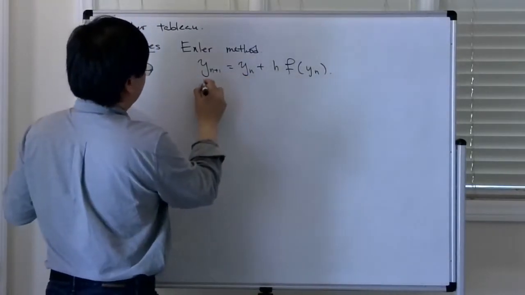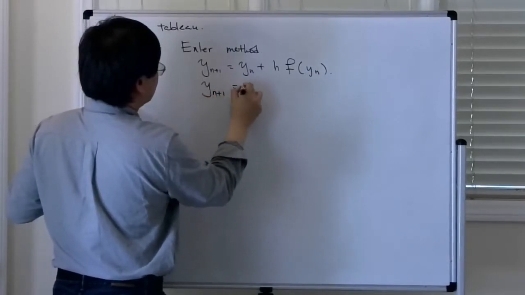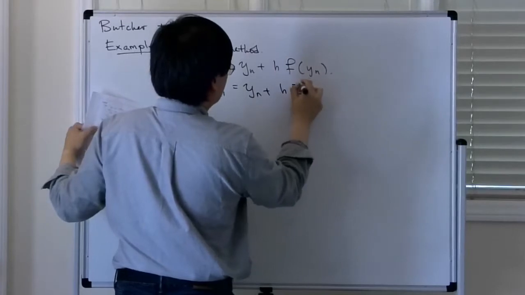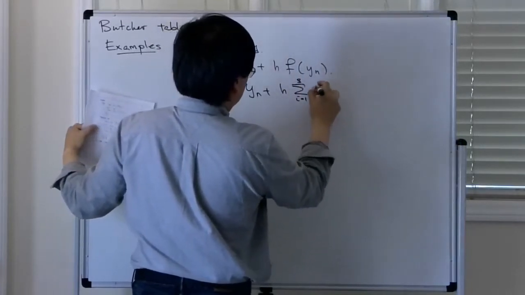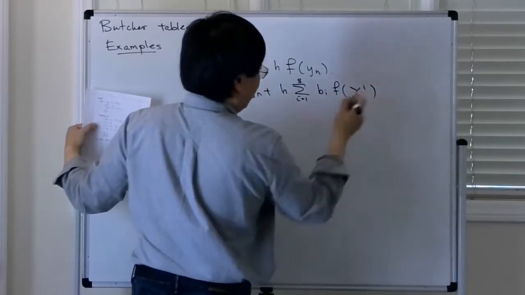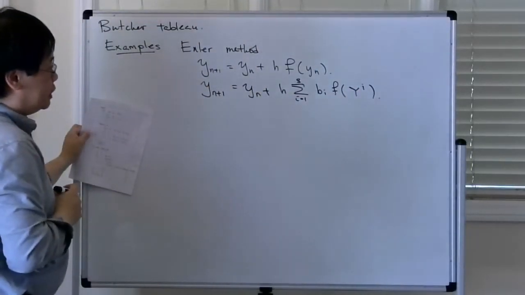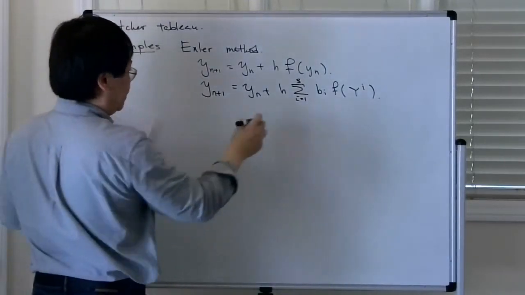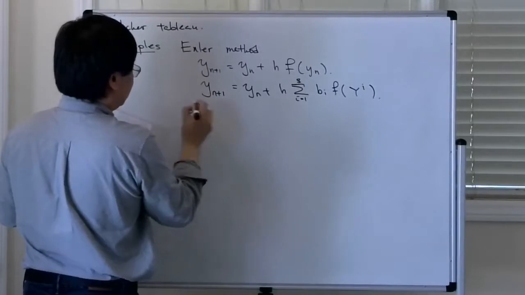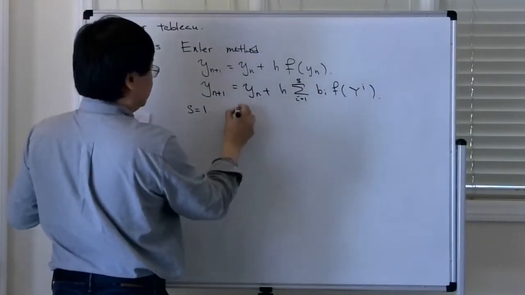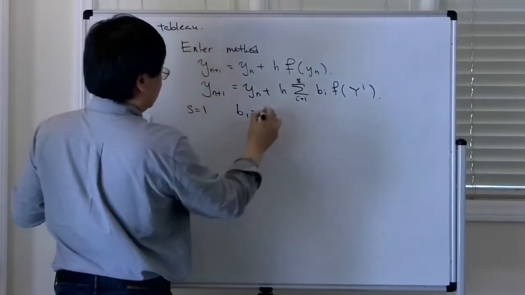So you should compare this to yn plus 1 is equal to yn plus h times the sum i equals 1 to s of bi f evaluated at Yi, which is the internal stage. By comparing these two, some things are readily apparent. The first is that there's only one stage, s is equal to 1. The second is that b1 is just 1.